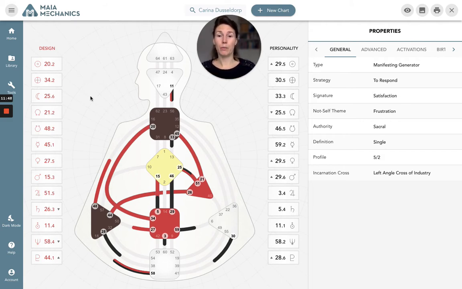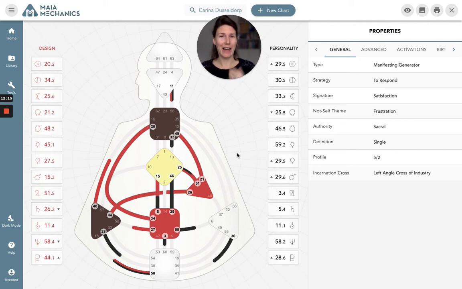For example, here for me, you see a lot of red channels, which means they are all unconscious for me. So this one and this one, these four are all unconscious energies within me. So they're a part of me, and I emanate that outwards, and it's energy that is always flowing.